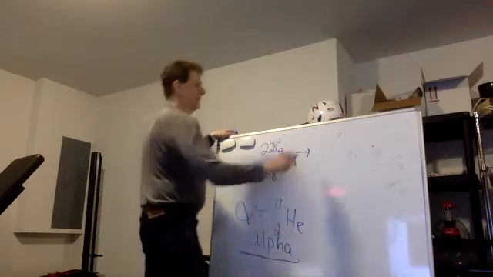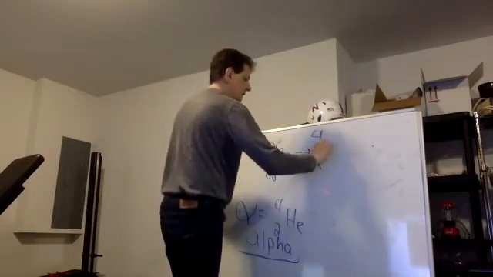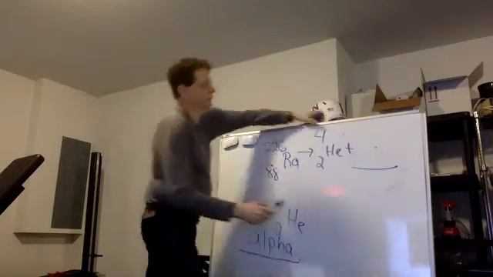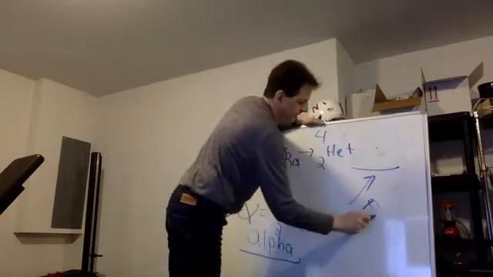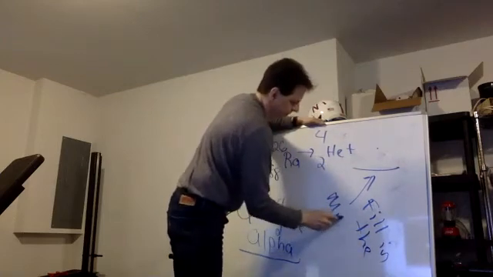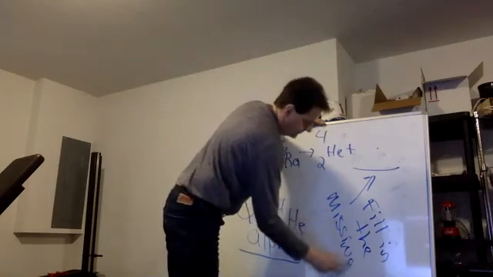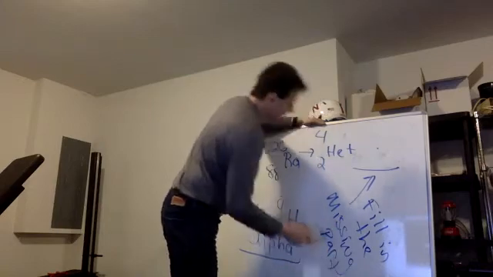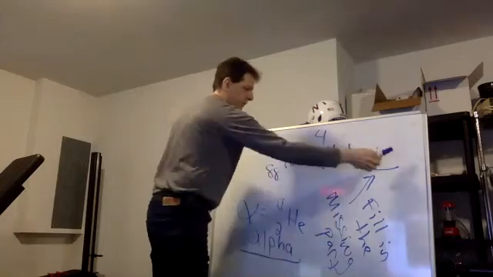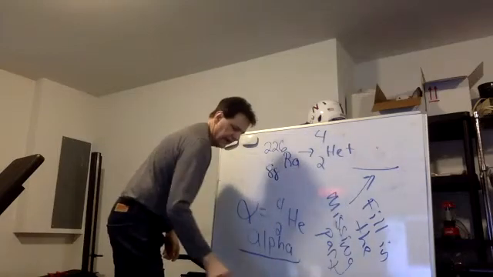So this emits an alpha particle, and then what you need to do in any nuclear reaction is fill in the missing piece, or I like to call it the missing part. Think of it as a puzzle. You've got this part plus this part, and you need to fill in the last part.